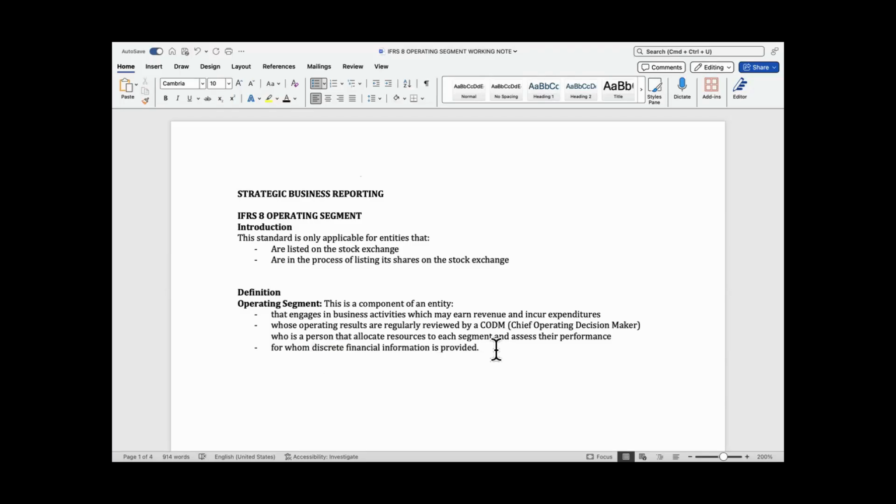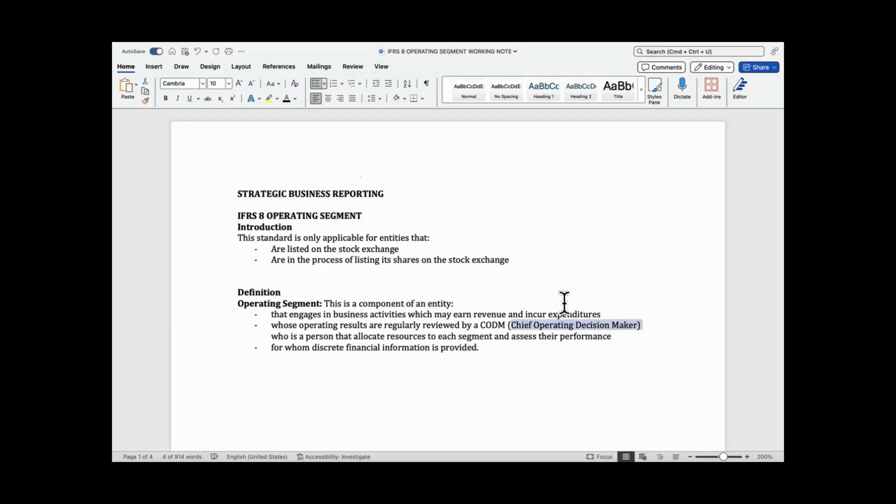Okay. So an operating segment is a component of an entity that engages in business activities which may earn revenue and incur expenditures, whose operating results are regularly reviewed by a chief operating decision maker. And you see, this chief operating decision maker is not like a person or a position or something like that. It's not a position. We don't expect your company to have a position called CODM.